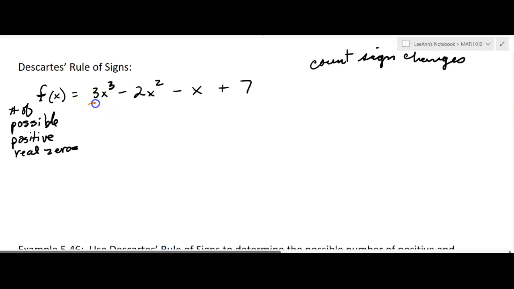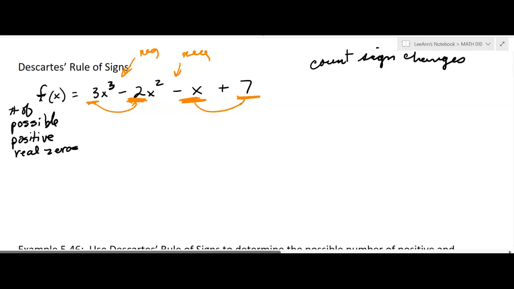Now, this is a positive, this is a negative, so that would be one sign change. This is negative, -2, but this coefficient is -1, so there's not a sign change. It's negative here and negative here. No sign change. But then it's negative here and positive here, so that's one sign change.